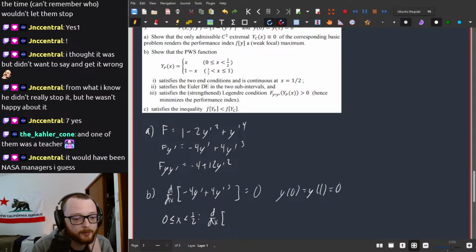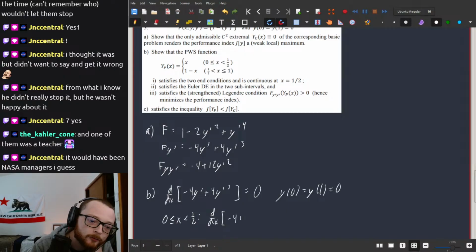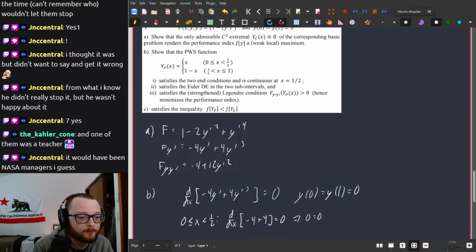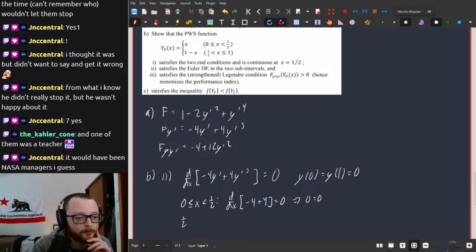Because we're gonna get constants inside of here. -4 plus 4 equals 0. Wow, it even zeroes out before you take the derivative. Oh wait, I'm doing part 2 before I do part 1. Why go in order when you can also not?